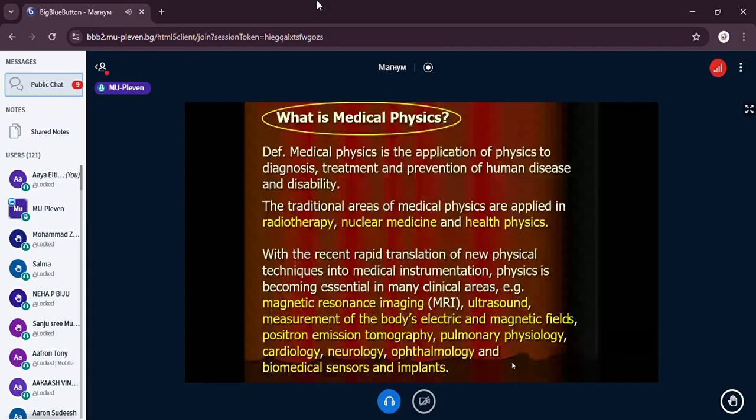Those are the three main areas. And below, in yellow, you can see the most important applications of physics in clinical medicine. We will study that one by one in different topics.